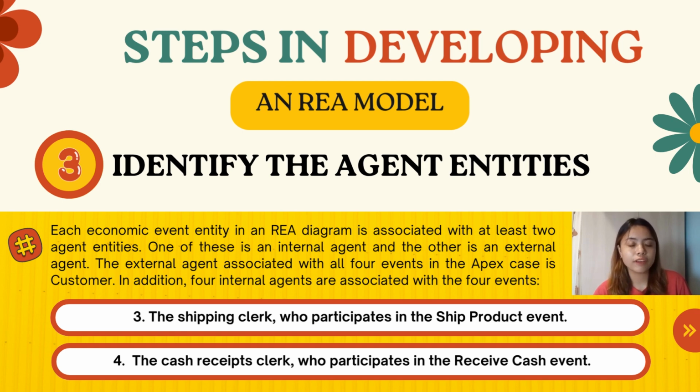For clarity of an REA diagram, each instance of an internal agent such as sales representative or shipping clerk is visually depicted as a distinct entity. However, it's important to understand that in the practical database implementation, these instances are consolidated into a single employee table, with each instance corresponding to a row in the table.